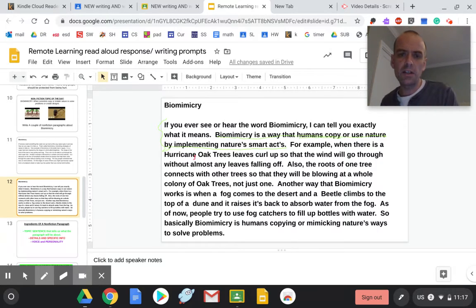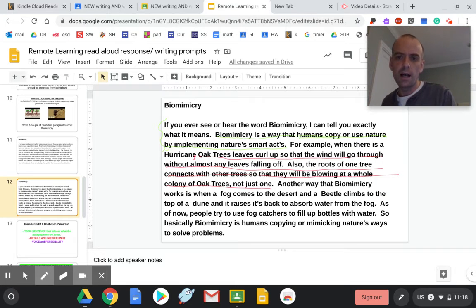For example, when there's a hurricane, oak trees' leaves curl up so that the wind will go through without almost any leaves falling off. Also, the roots of one tree connects with other trees so that they will be blowing at a whole colony of oak trees, not just one. Oh man, so look, that's all information. That's all information.